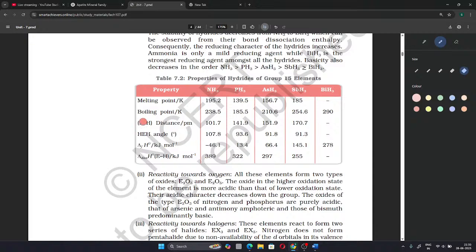The distance of the pnictogen and hydrogen bond is, for NH3 it is 101 and for PH3 it's 141. Basically, as we go down the group, the distance increases, where pm is picometer. This is the bond angle.